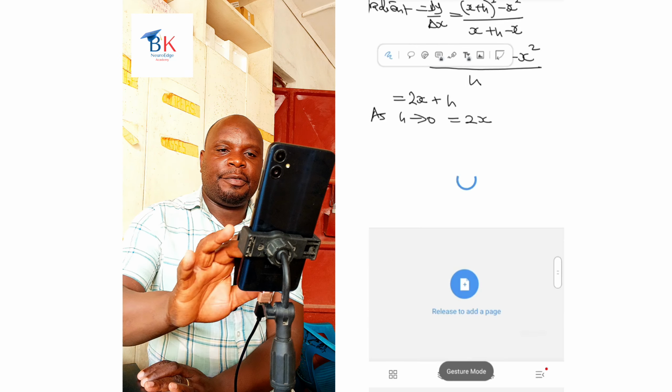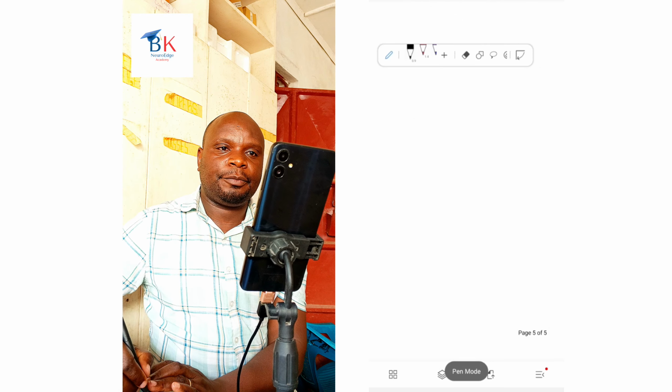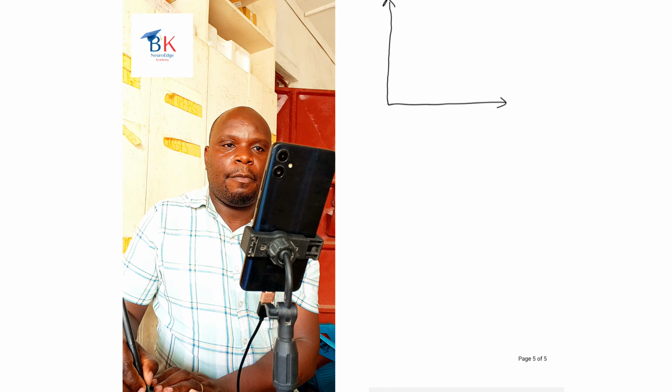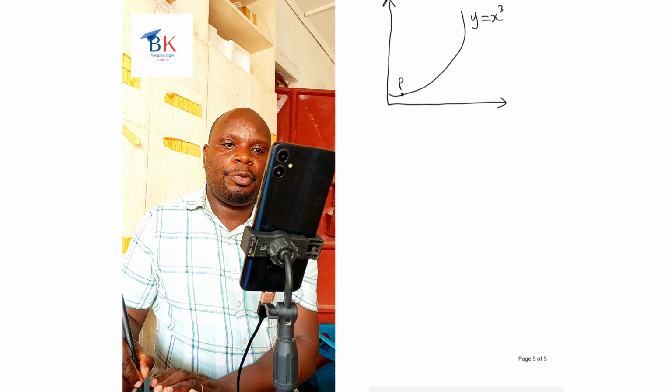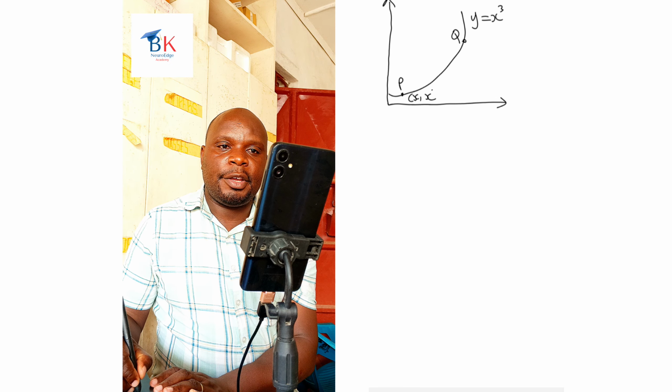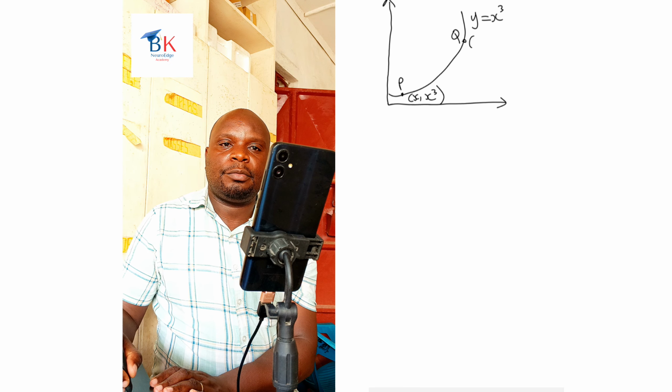What if we have another curve? y equal to x cubed. We will have our 2 points P and Q. This one will be x, and this one will be x cubed.